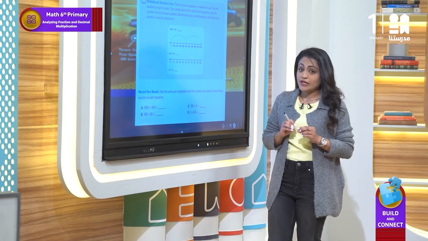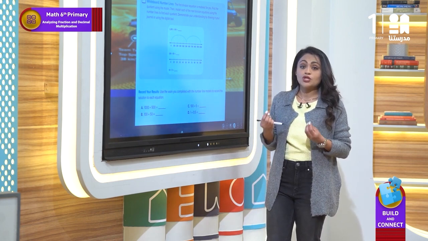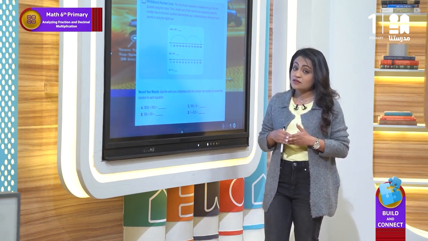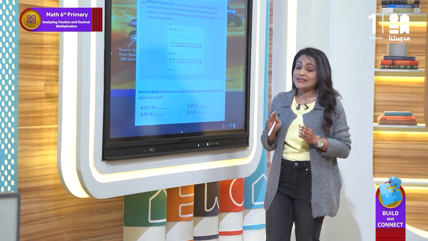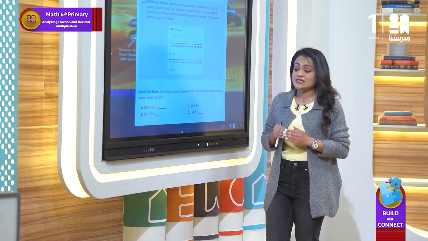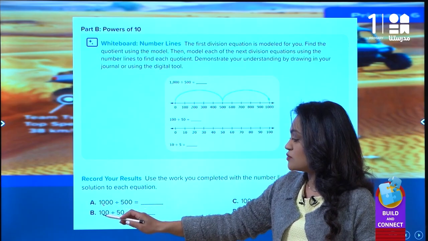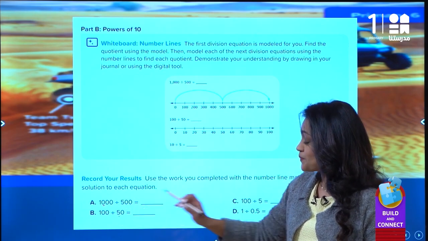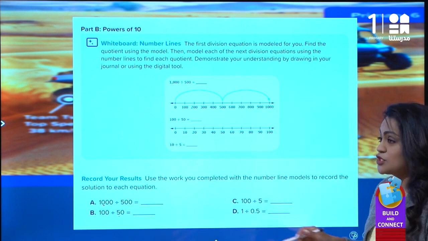If we look here at the 4 equations that we have, we will notice that the values of the numbers in the dividend and the divisor in each problem decrease in the same pattern. Look here, 1000, then it becomes 100, 500, then it becomes 50, 100 becomes 1, 5 becomes 0.5.